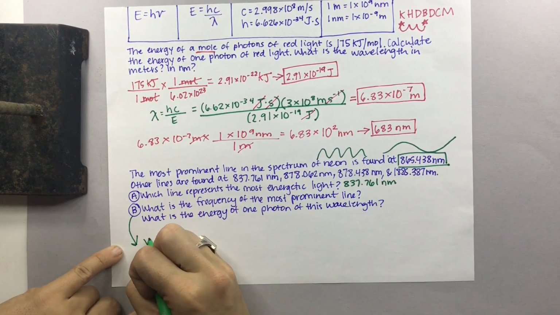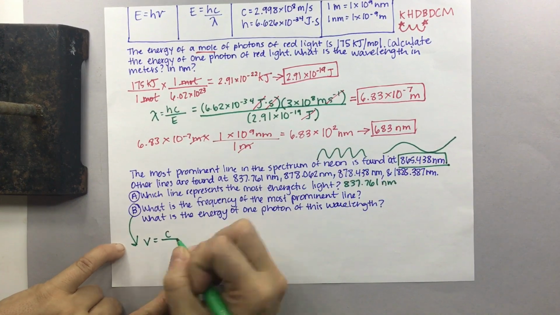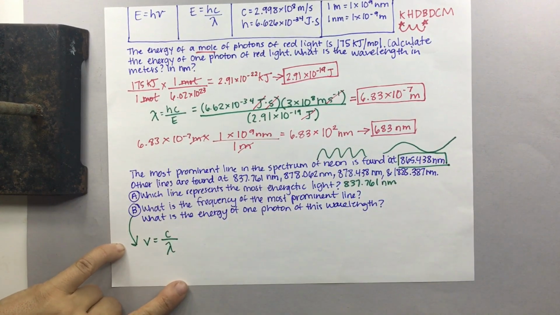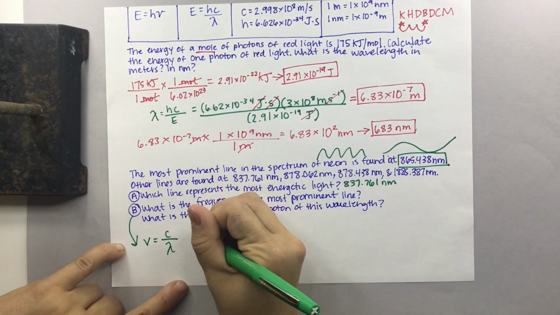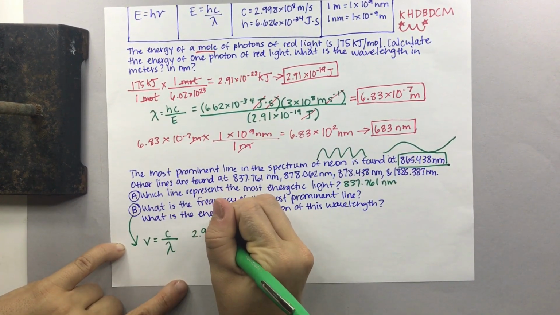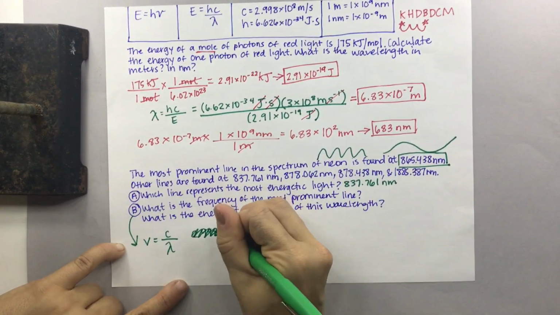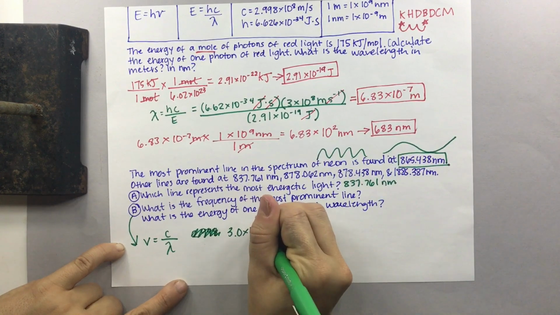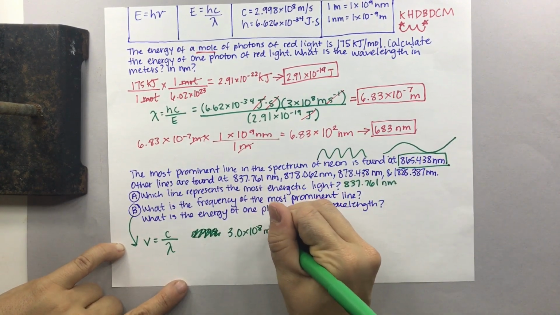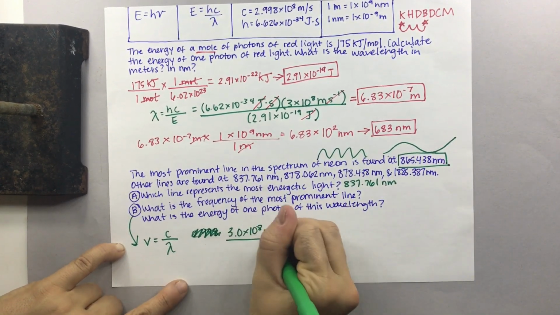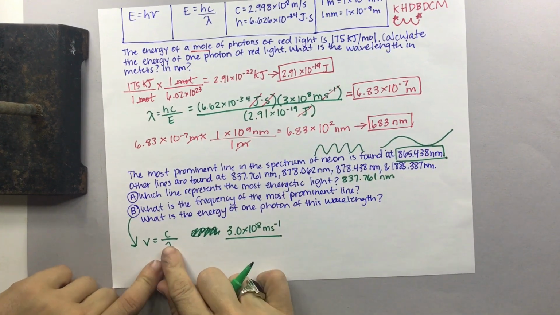So frequency, v, is equal to the speed of light divided by wavelength. We're just going to plug and chug. 2.998, oh, I told you up there that I was going to use 3, so I'm going to carry that out the same way: 3.0 times 10 to the 8 m s negative 1 divided by the wavelength here.